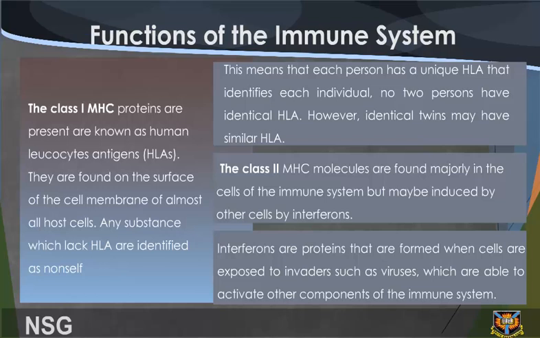However, identical twins may have similar HLA. The class 2 MHC molecules are found majorly in the cells of the immune system, but may be induced in other cells by interferons. Interferons are proteins that are formed when cells are exposed to invaders, such as viruses, which are able to activate other components of the immune system.